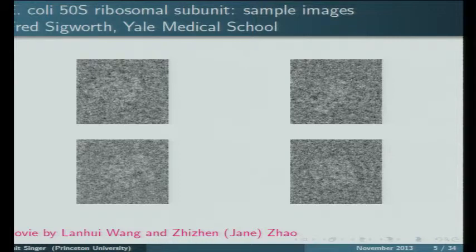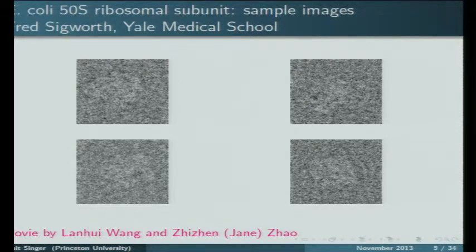The reason they're so noisy is that people try not to use too much electron dose. If you use too much electron dose, the images will be much clearer, but you're going to lose the high frequency content of the molecule. So now the question is, I show you 20,000 such images, give me the 3D structure. That's the cryo-EM problem.